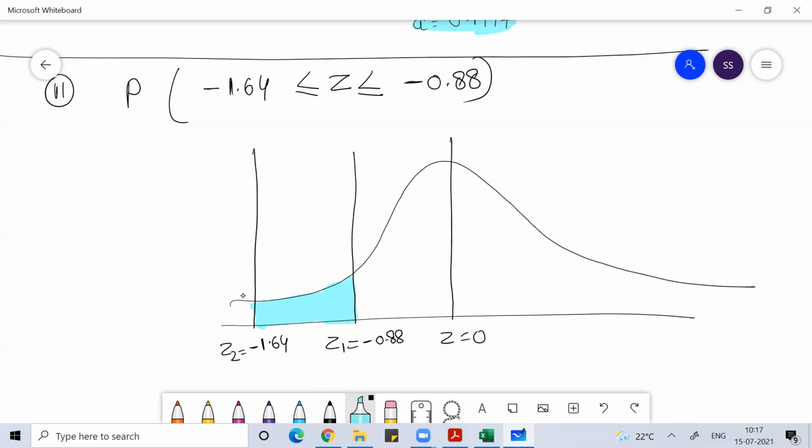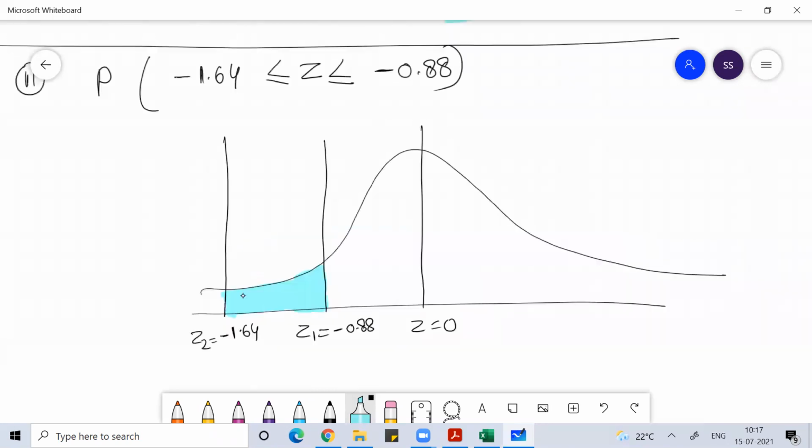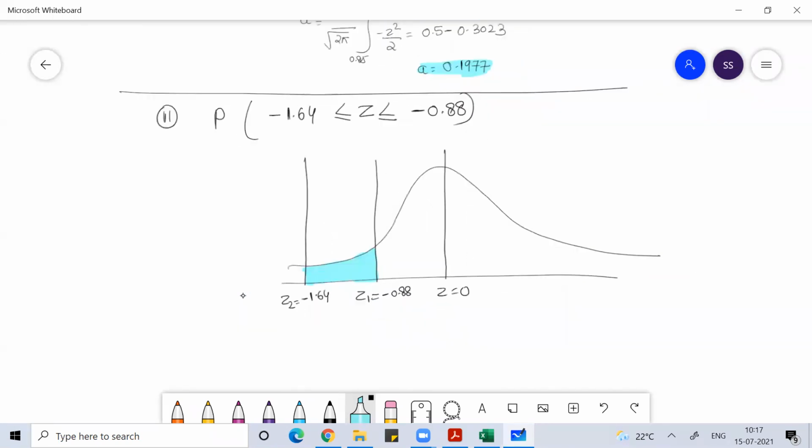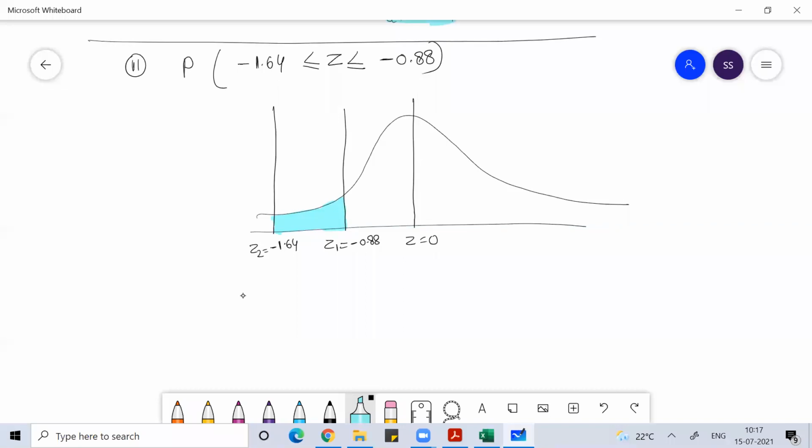So how will you find this area, guys? There is no direct formula to find this area. If this is area A2 and this is area A1, then you can find this area.